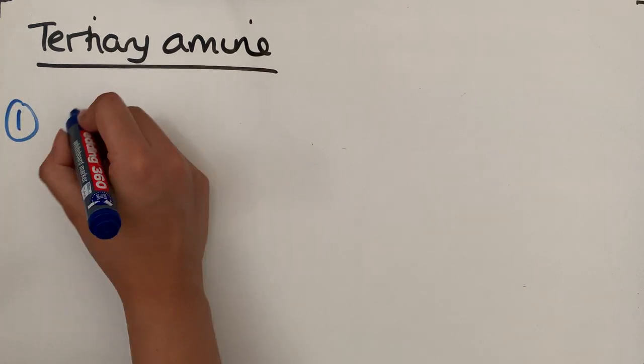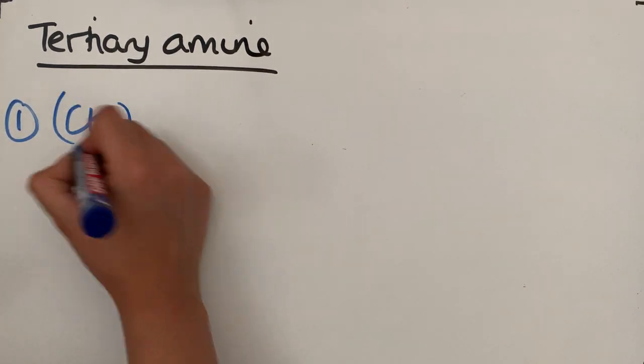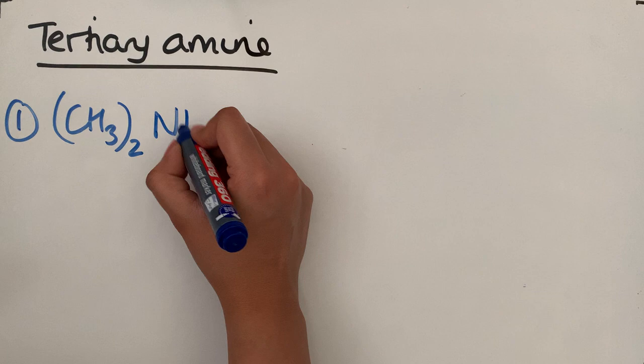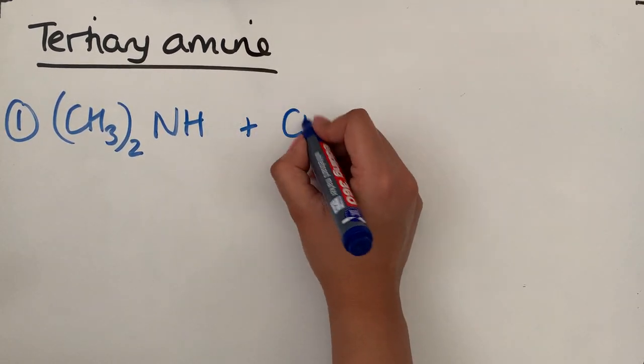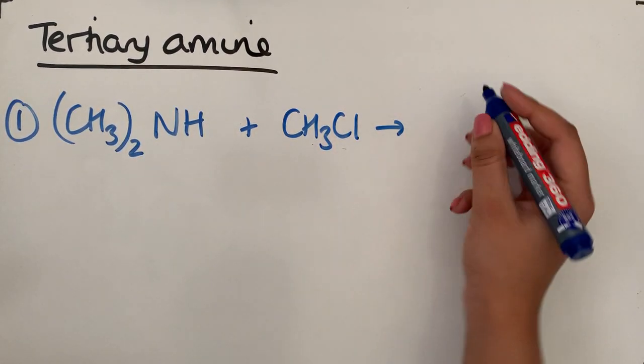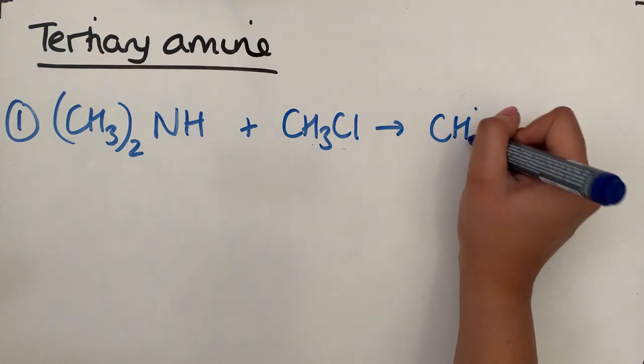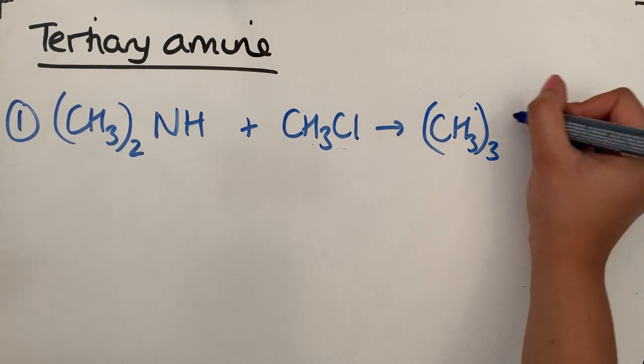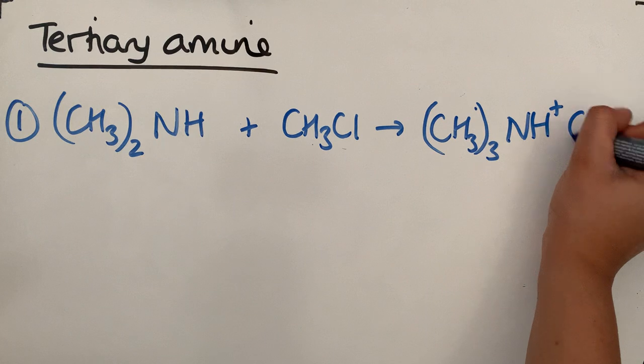Because we don't have an excess of ammonia, that secondary amine that we just formed, which was this, reacts with another molecule of haloalkane, forms this salt here.